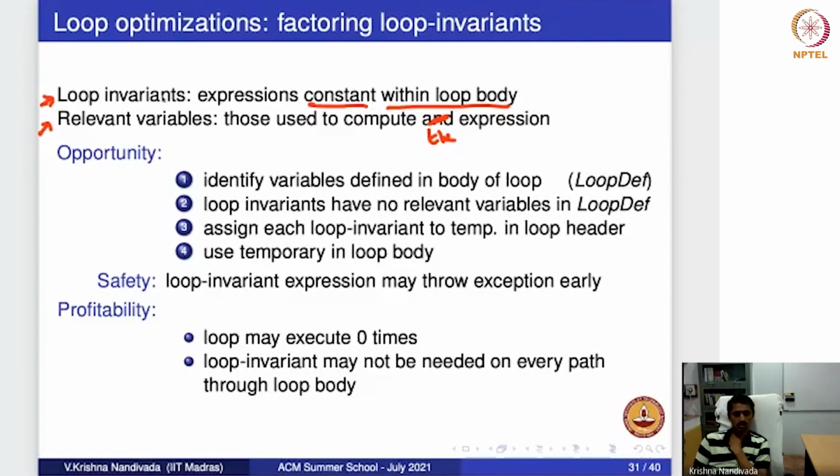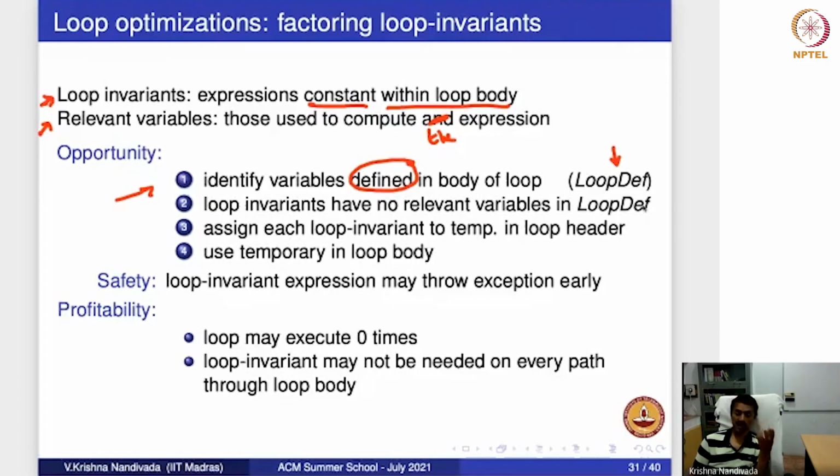So first to do loop invariant code motion, what will I do? I'll first identify the variables which are defined in the loop. Defined as in written to. I will call that set loop def. Now I will pick an expression and check if it is a loop invariant.